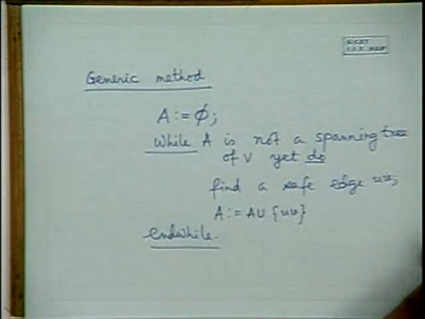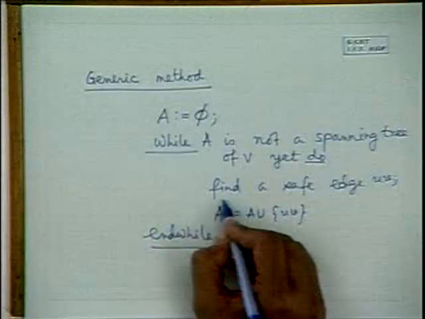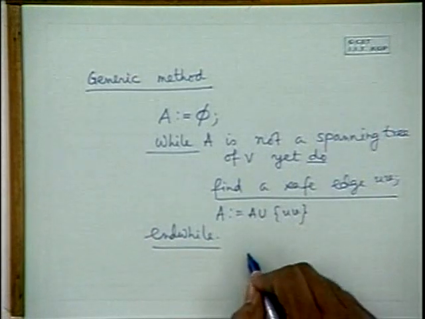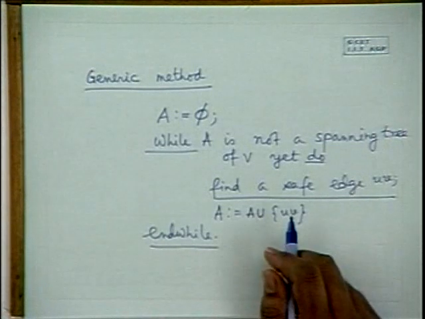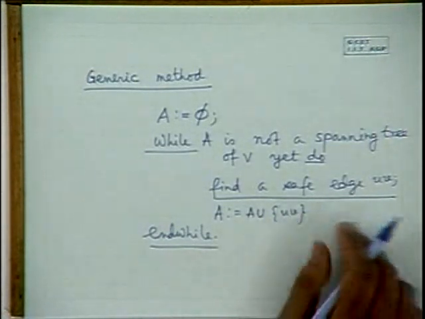But you can see the main problem is to choose this step, find a safe edge UV for A. The entire problem I have put under this statement. I have not explained how to do this. If one can give you this, how to do this, we have got an algorithm. And Prim and Kruskal's algorithm, they just give you two different techniques of finding a safe edge. But this is the generic method.